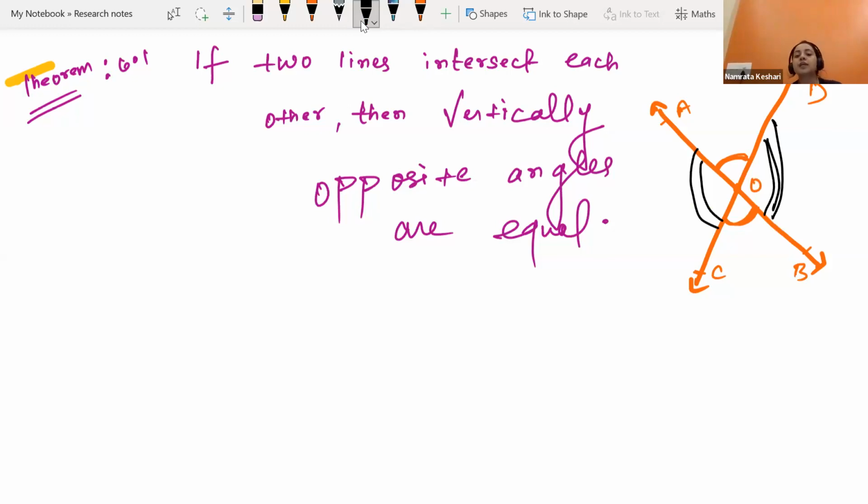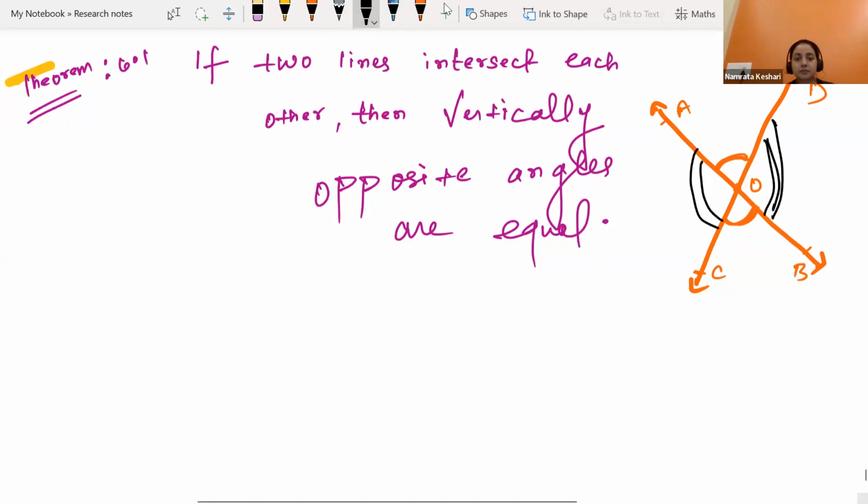We will prove that AOD and BOC are equal, and similarly that BOD and AOC will also be equal. We are not going to prove the same thing twice.